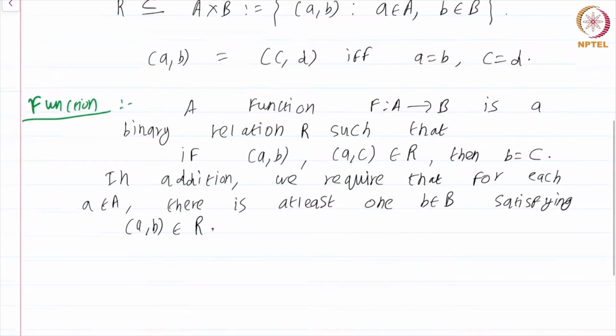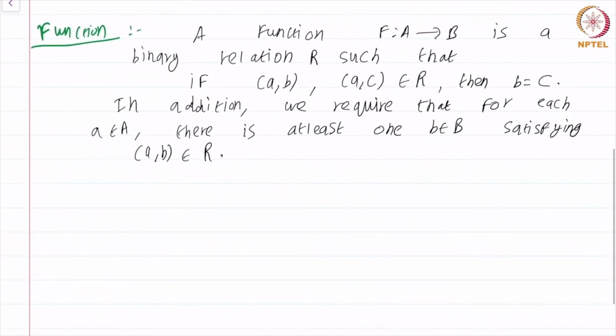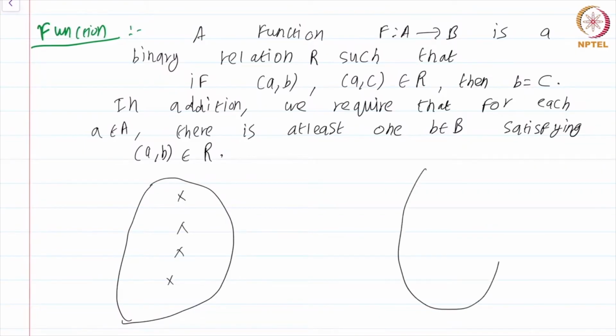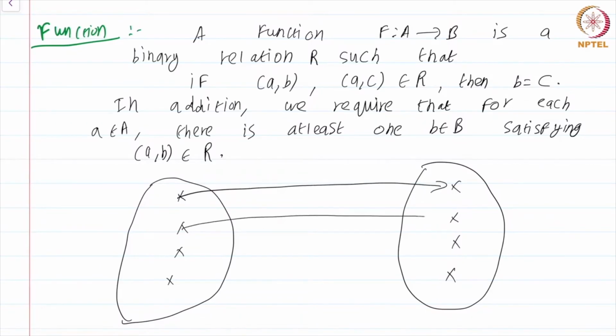So let's illustrate this by a very bad picture. Here you have the set A, here you have the set B. What this says is each element of A is connected to at least one element of B. No, exactly one element of B. But it can happen that multiple elements of A are connected to the same element of B. That's very much possible.